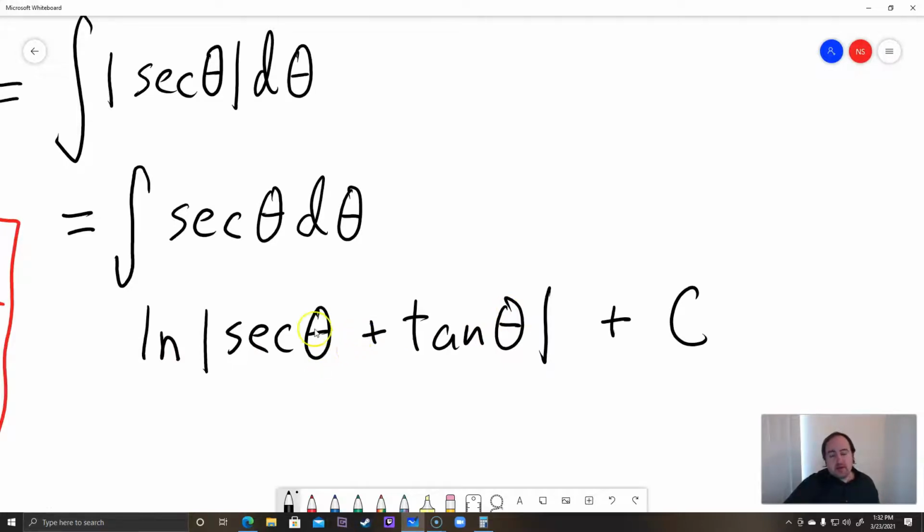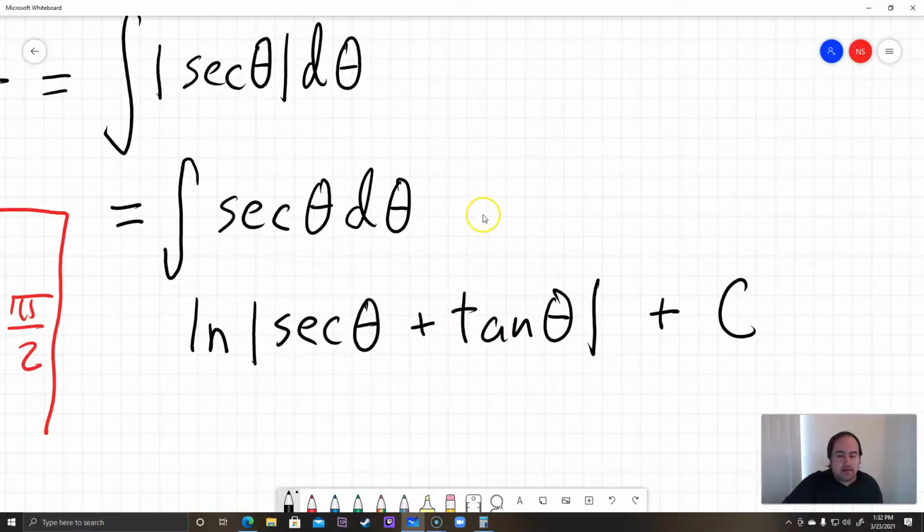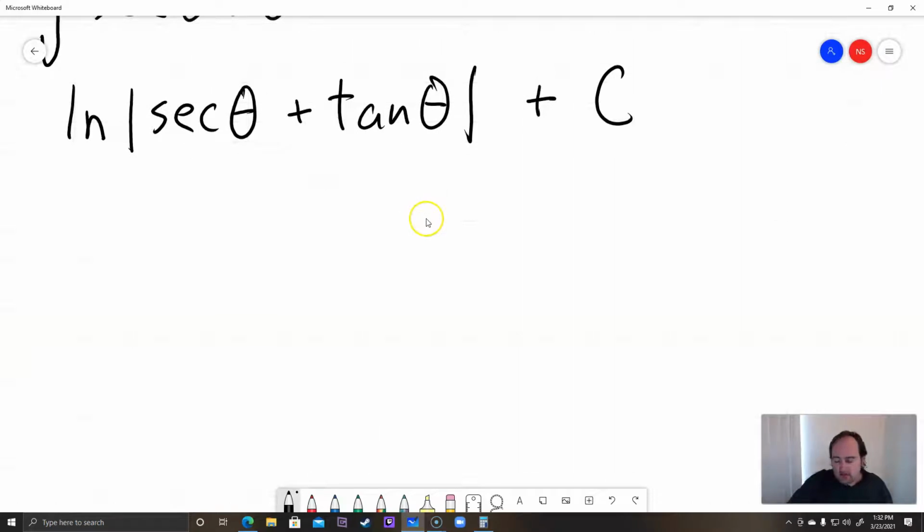Because remember, theta is a dummy variable, which means we plugged it in with our trig substitution in order to do the problem. But now at the end, we have to plug back in expressions in terms of the original variable, which was x.